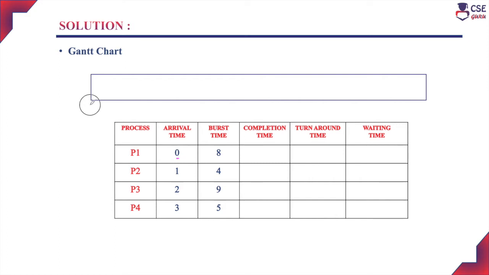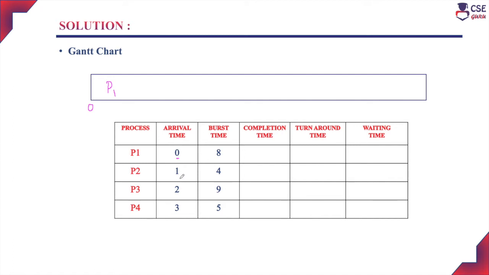So the starting CPU time is 0 millisecond. So first process P1 is assigned to execute with the CPU. Now the process P1 will execute till the next process arrives into the ready queue. Suppose any new process enters into the ready queue, the scheduler will compare the remaining CPU burst time of the ongoing process with the CPU burst time of the newly entered process.